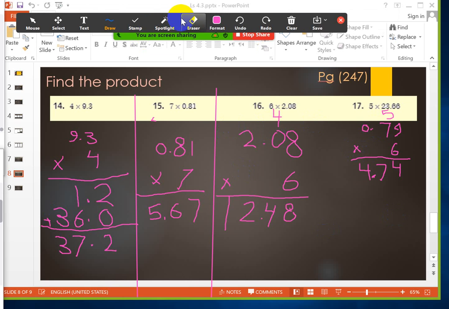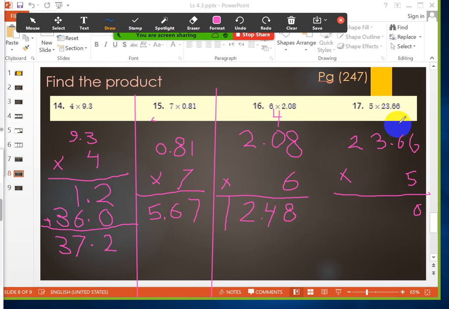Now the last one I will do, girls. 23.66 hundredths. I will do it quickly because we don't have time. 5 multiply 6 equals 30. So I will put 0 here and 3 above the tenths. 5 multiply 6 equals 30, plus 3 equals 33.